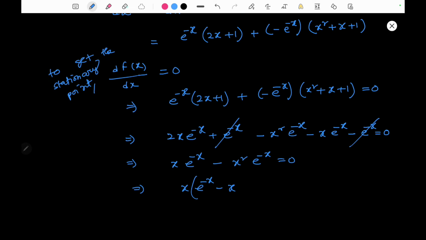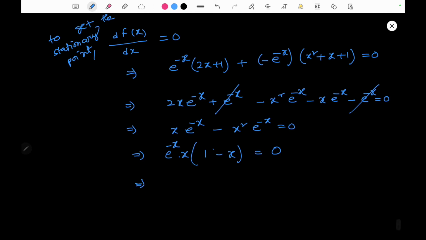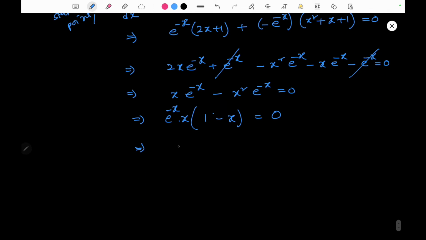So from here we can write x equal to 0 or x equal to 1.